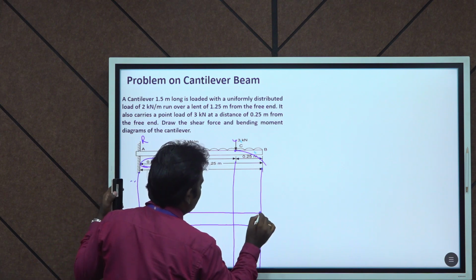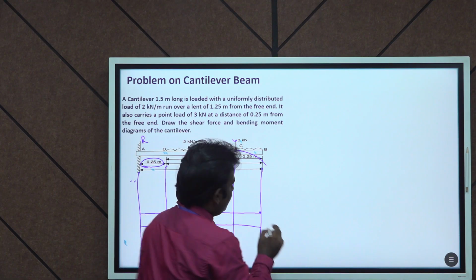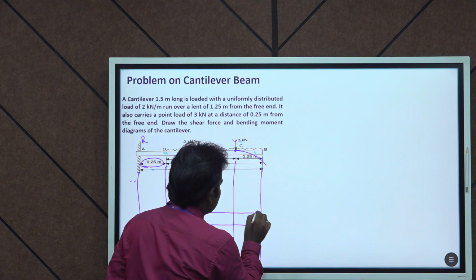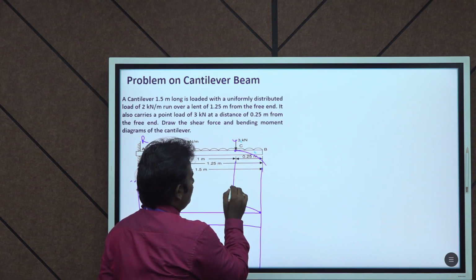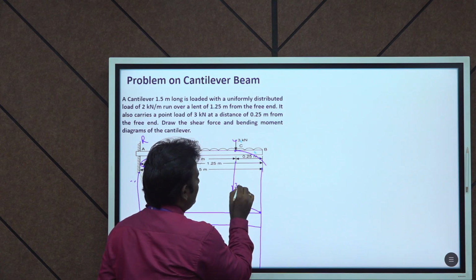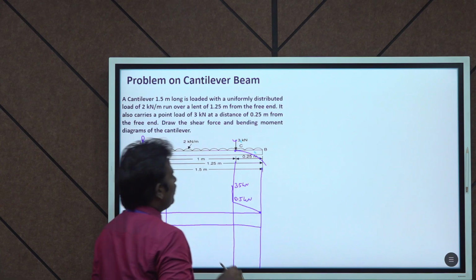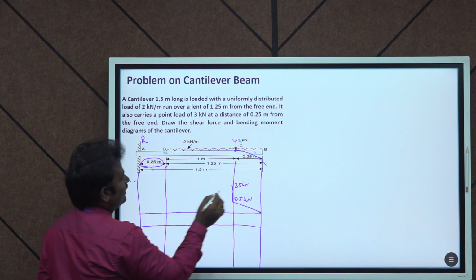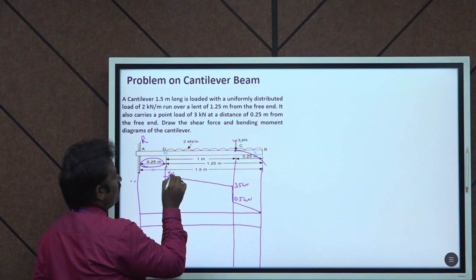Here the shear force is 0, then it is rising; again the point load is acting, 0.5 kilonewton, and the load is rising again to 5.5 kilonewton.